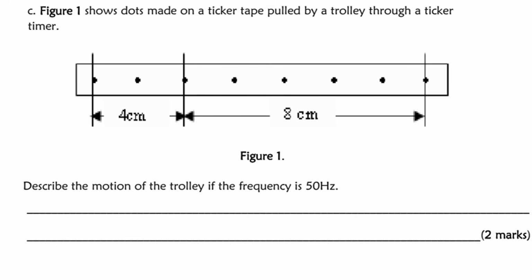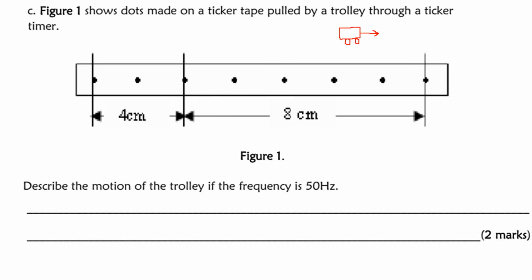What's happening here is that you have a trolley. A trolley is simply a small movable object. It can be made to move in a certain direction. Let's say it's moving to the right.